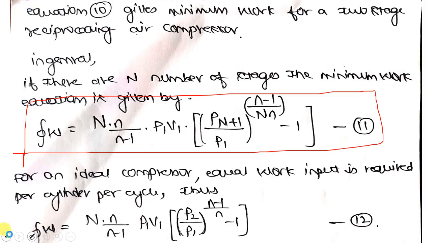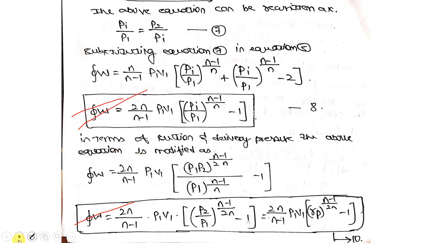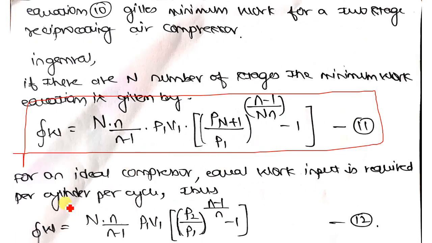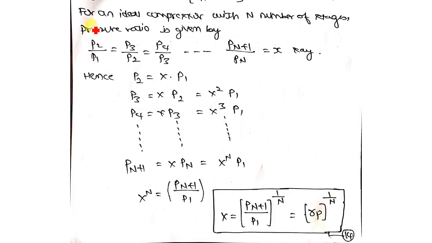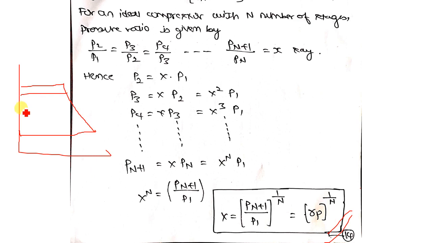Now this is your air compression phenomenon. If this takes place in a number of stages, like this, in numerous stages, but subjected to the condition that the pressure ratio remains the same. Here this is the first cylinder, this is the second cylinder, this is the third, this is the fourth, fifth, sixth, and so on.